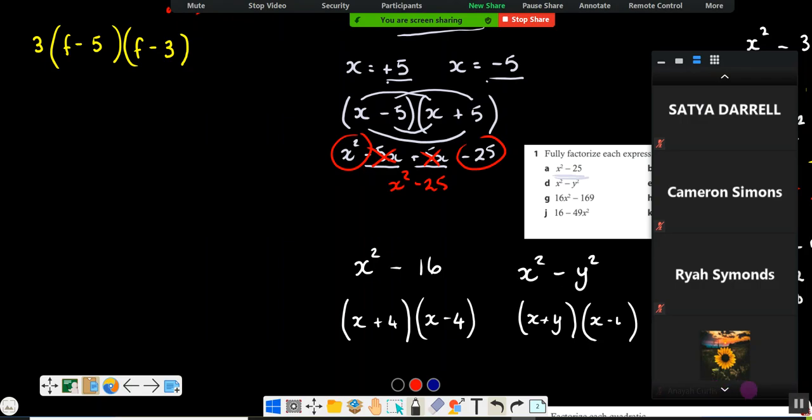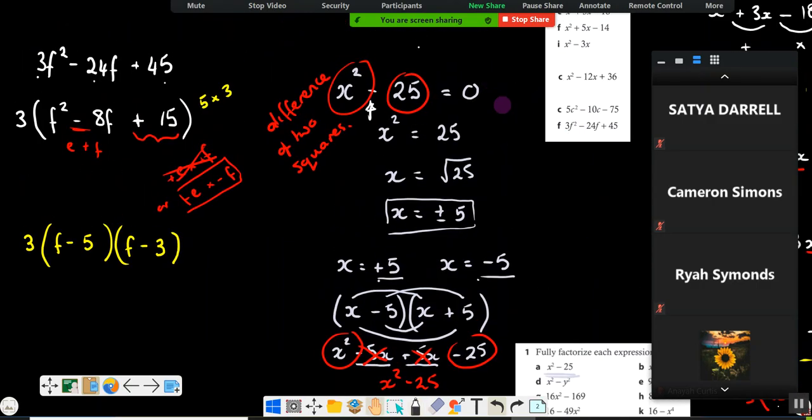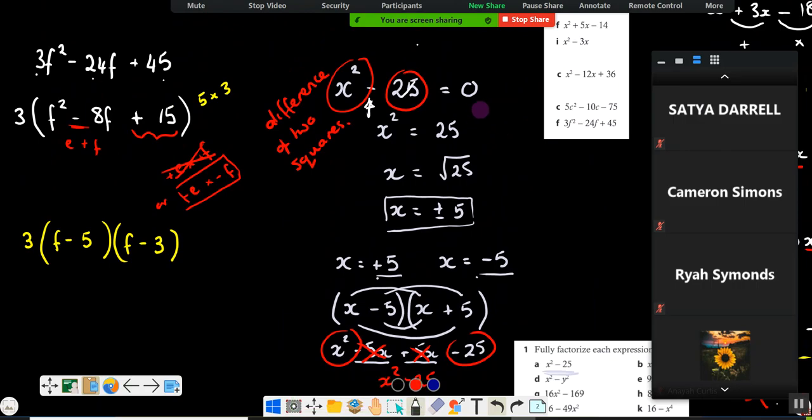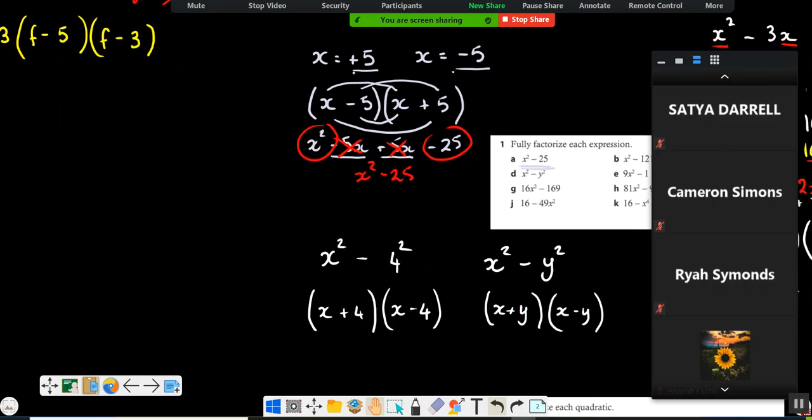Yeah, because if I want to, I can change this 16 into 4 squared, and I could change the 25 into 5 squared. So it's the difference of two squares like that. How do you feel about that final one, everyone?